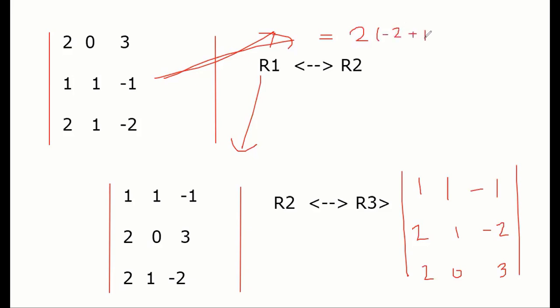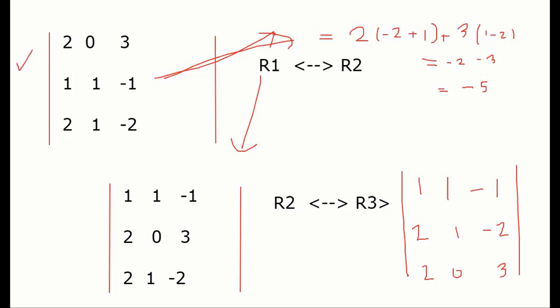Correct? 0 is gone. So plus 3 into 1, minus 2. Everybody agree? What is the value of the original determinant? Minus 2 plus or minus 1, so minus 2. How much is this? 1 minus 2 minus 1, so minus 3. Is it minus 5 or not? Has everybody calculated? Yes, sir. Minus 5.